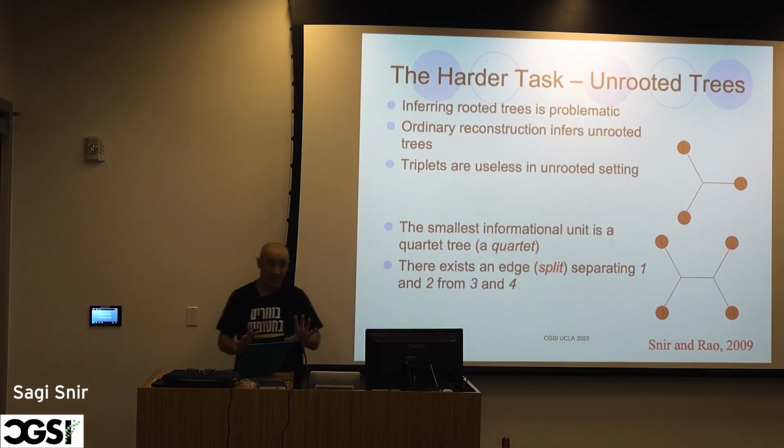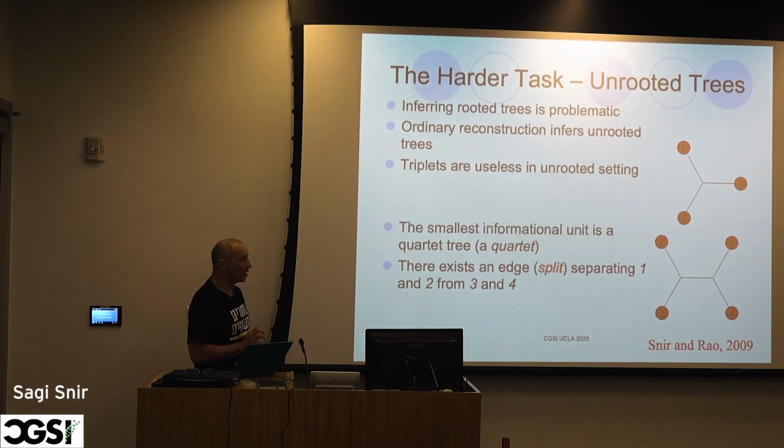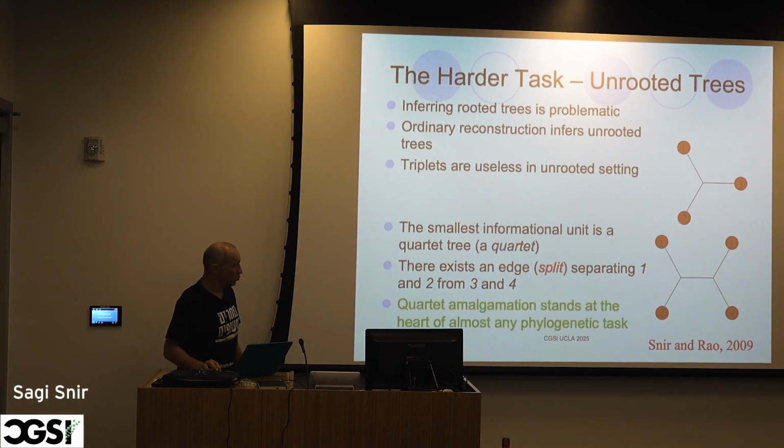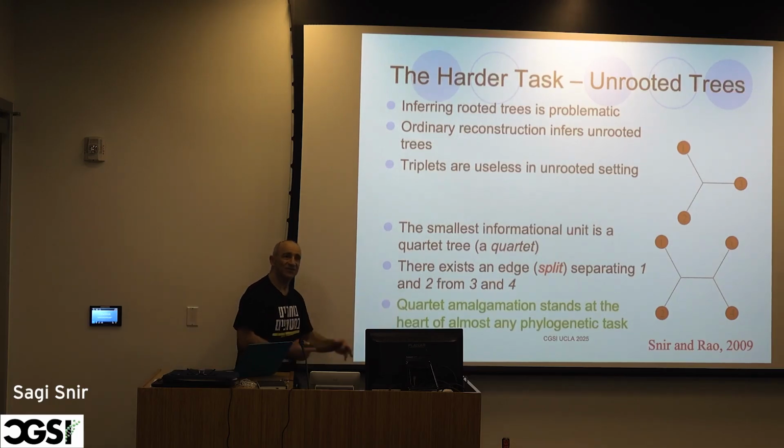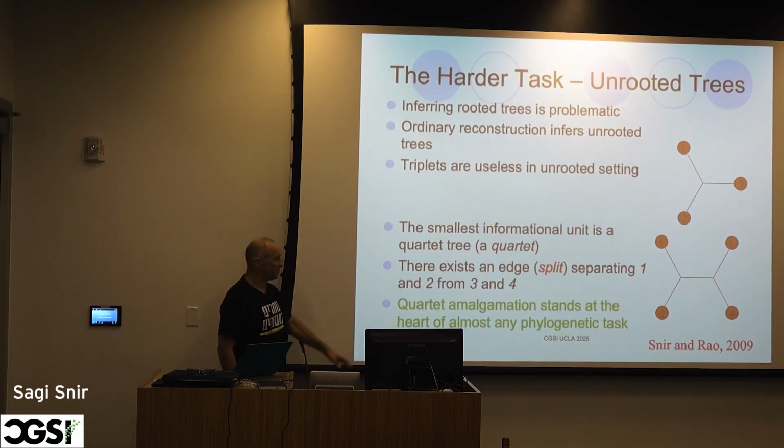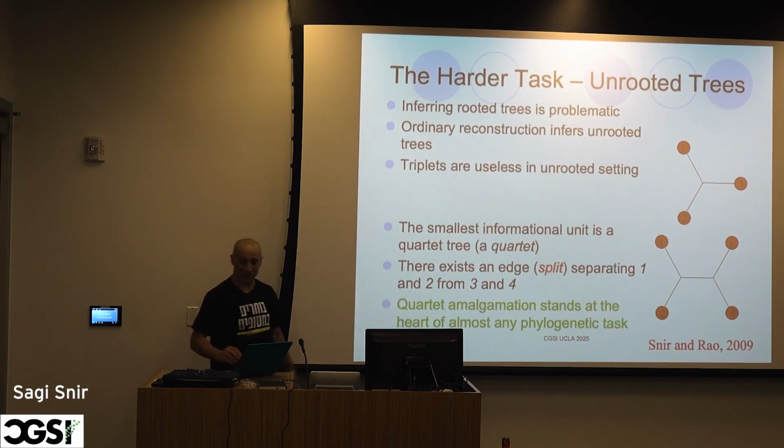Okay? Just some combinatorial fact. Quartet amalgamation stands at the heart of almost any phylogenetic task. And this is to remember. If you run into phylogenetics, eventually if you dig deep enough, you will get into quartet amalgamation.